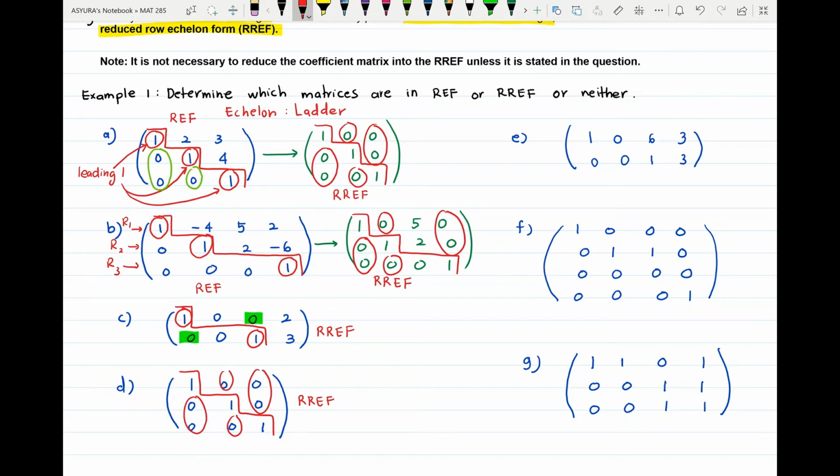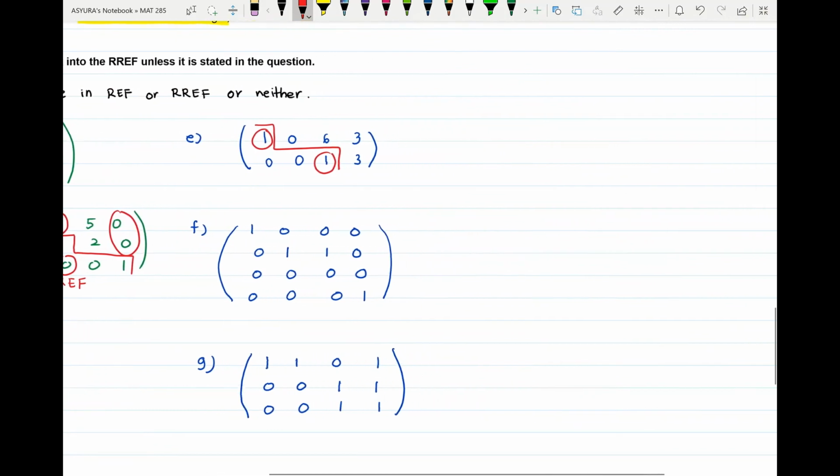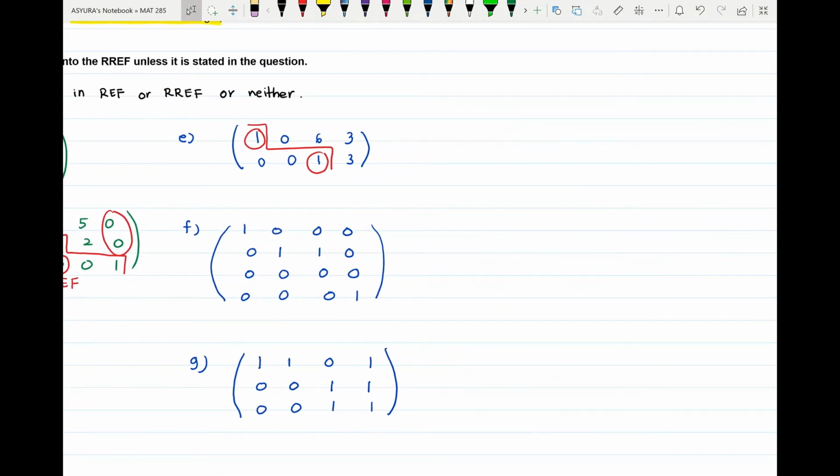Next, E. We have a form of ladder, with a leading one in each row. We call this REF because you have 6 here, meaning it is not 0 above your leading one.